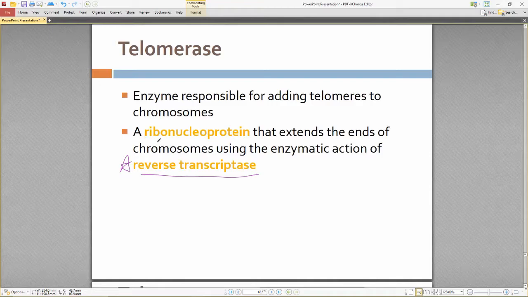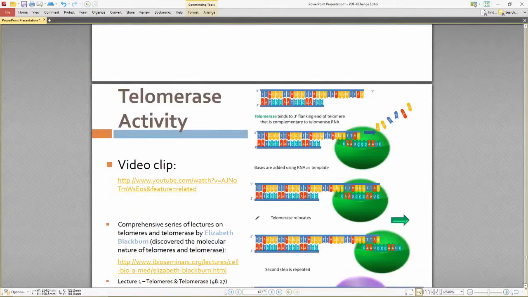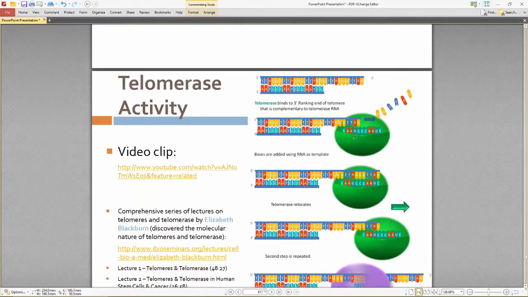Ribonucleoprotein is a long word, but basically ribo, like the sugar, nucleo, because that's like RNA, and protein. It's an RNA protein. Telomerase has its own built-in, baked-in RNA sequence.